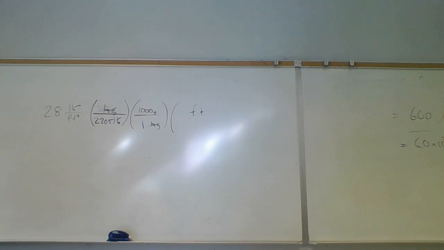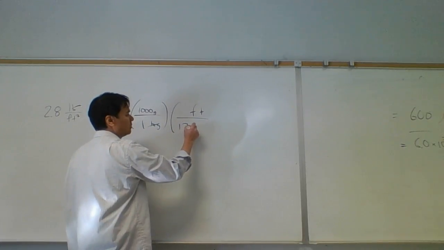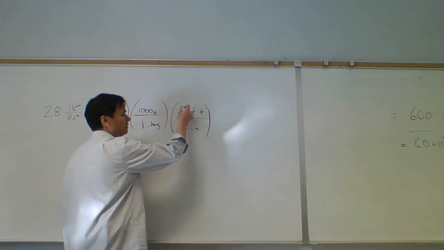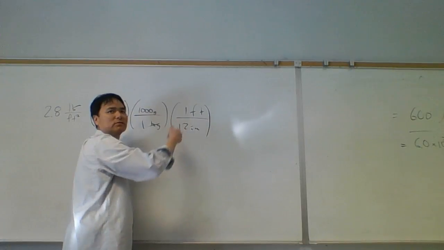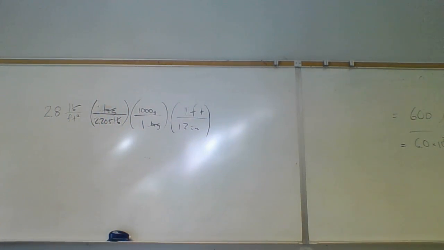But it's not going to be a given. This one you have to be able to figure out. What is it? We go from feet to inches. This is not going to be given because everybody should know the definition here. 12 inches in a foot, 1 foot is 12 inches. Everybody should know that.